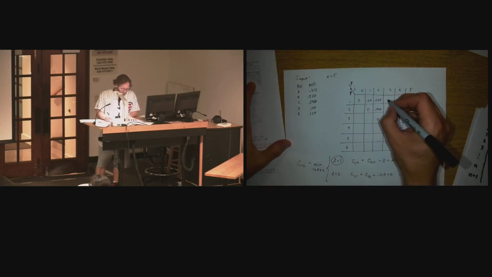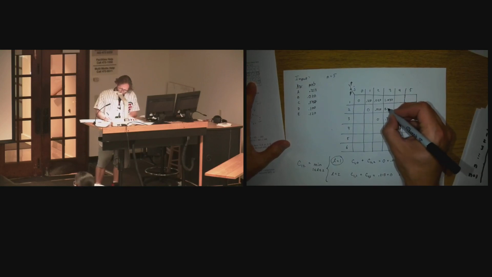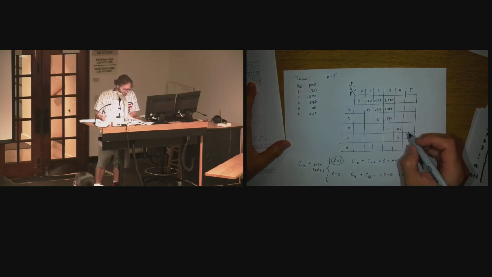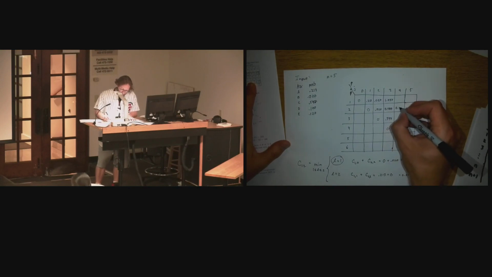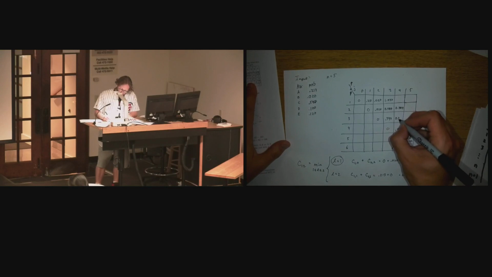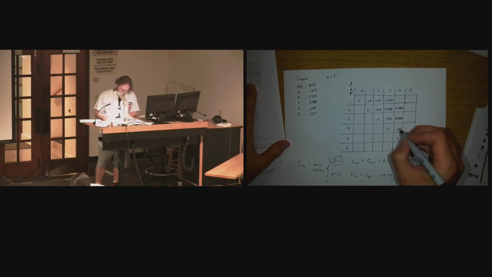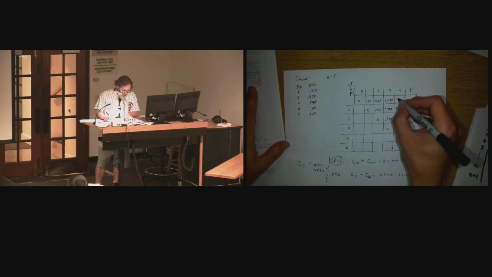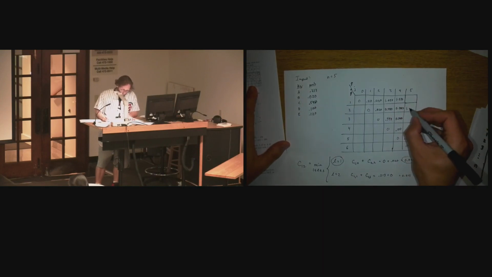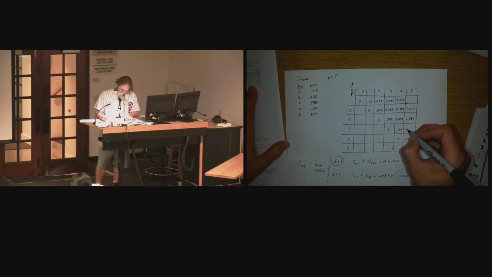Only two values here. 1.033, 0.587, 0.787, 0.747, what else? 1.233, 1.127, 1.087, and 0.320. Okay?